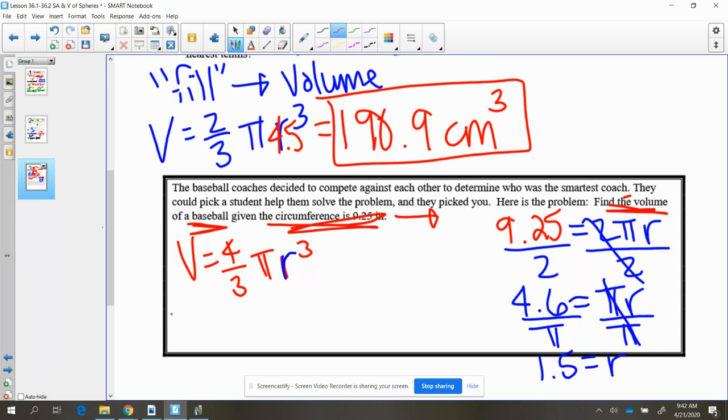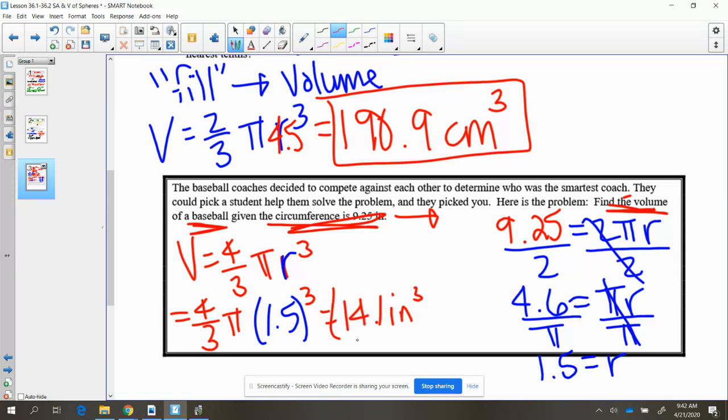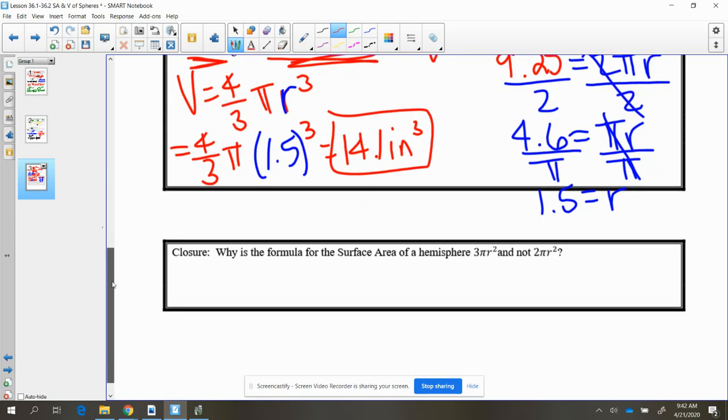Well, now I can plug into this volume formula that radius, right? We just found that this radius is 1.5, and we can plug it in, cube it, and 4/3 times pi times 1.5 cubed is about 14.1 inches cubed.